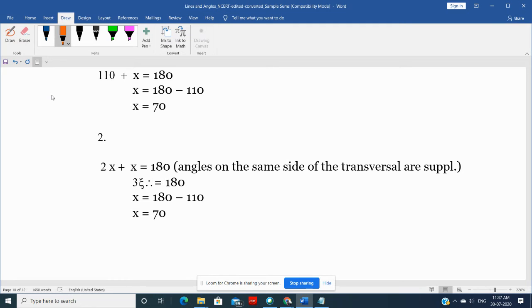So 3x is equal to 180. Naturally, this x is equal to 180 divided by 3, and that gives us x is equal to 60.